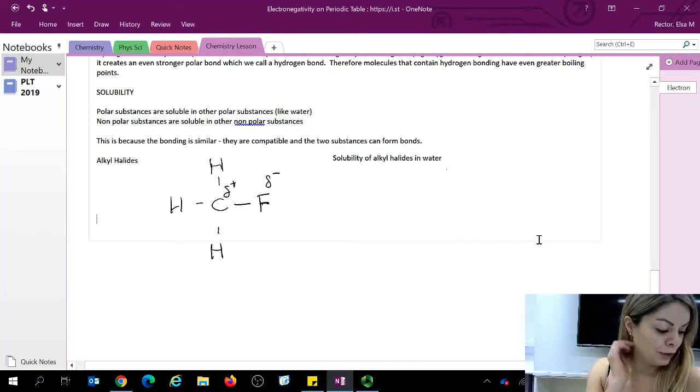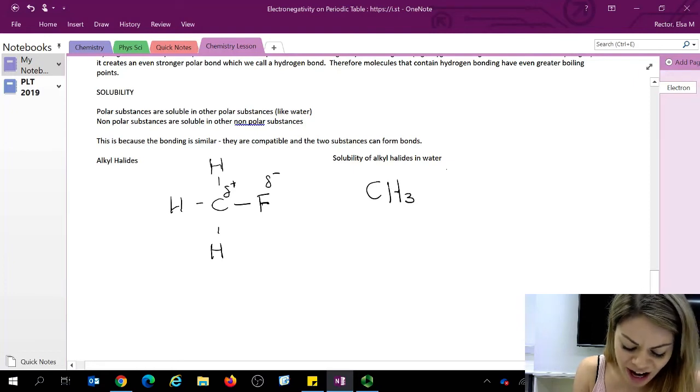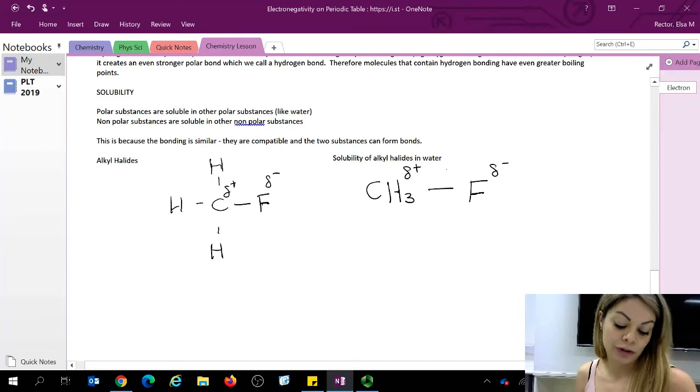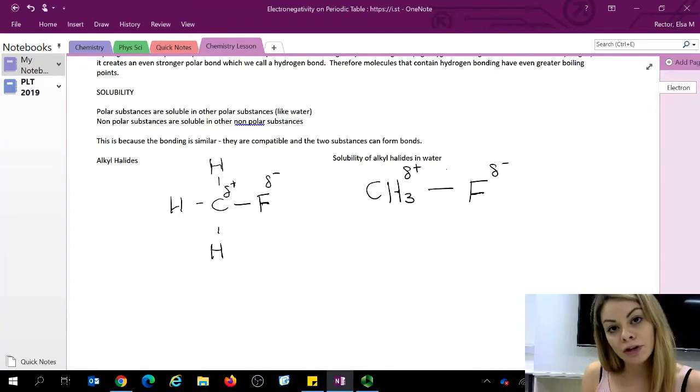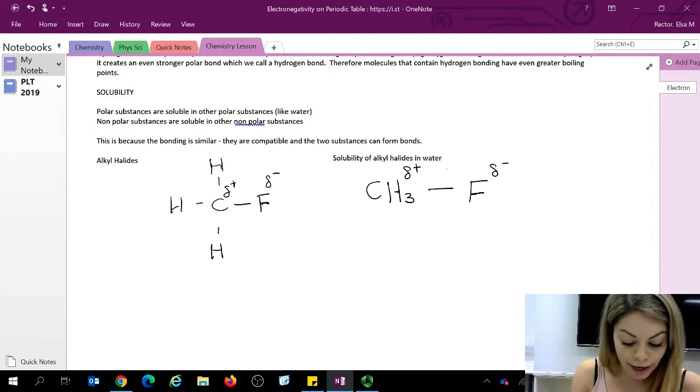If we put some of this in water, we've got CH3 and our fluorine, so electronegative, partial negative charge, partial positive charge. I have to press down quite hard with this pen today. When this comes into contact with water, it's able to form these polar bonds like so.